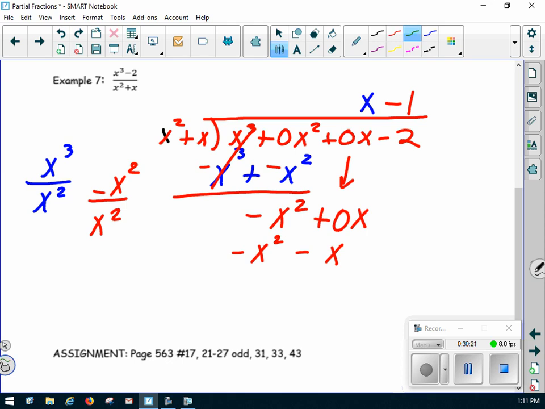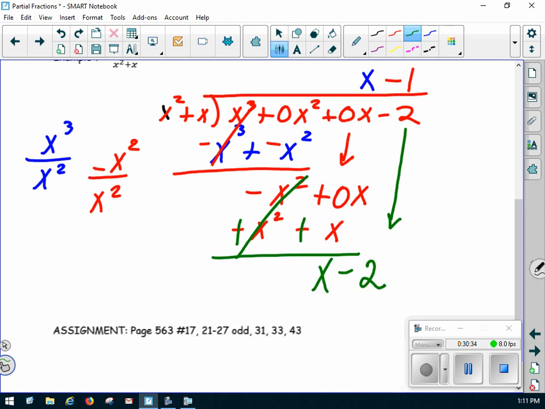Change the signs. 0, x. Can I divide again? No, because the degree of x is smaller than the degree of x squared. So this looks like x minus 1 plus what? Yep, x minus 2 over x squared plus x.